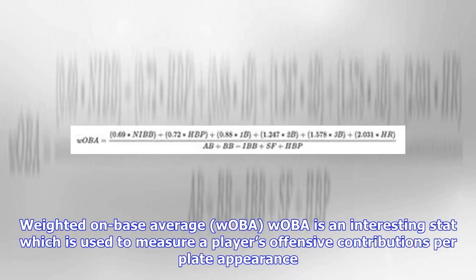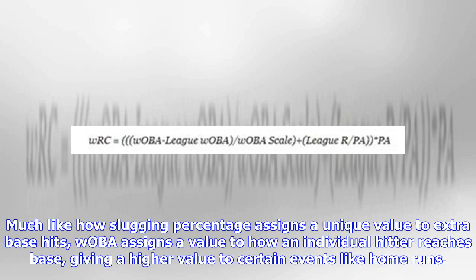Weighted on-base average, wOBA. wOBA is an interesting stat which is used to measure a player's offensive contributions per plate appearance. Much like how slugging percentage assigns a unique value to extra base hits, wOBA assigns a value to how an individual hitter reaches base, giving a higher value to certain events like home runs.